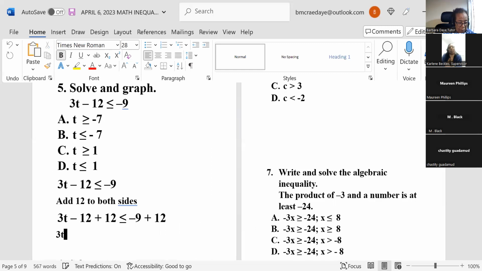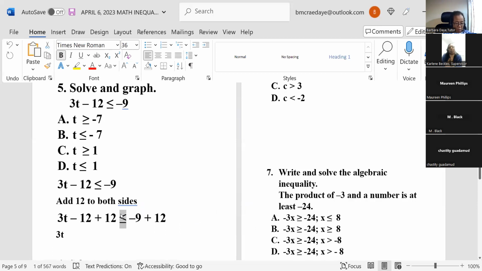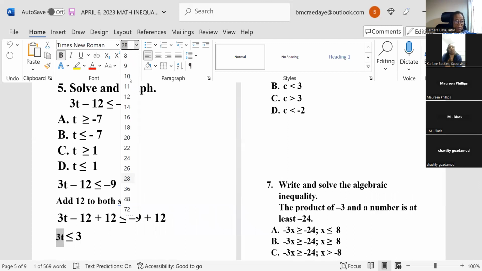Less than or equal. And what do we get on the right side? Minus 9 and a plus 12. You told me before. 3. 3, that's right. Because you subtract when the signs are different, right? And the sign is that of the bigger number's absolute value, which is 12.